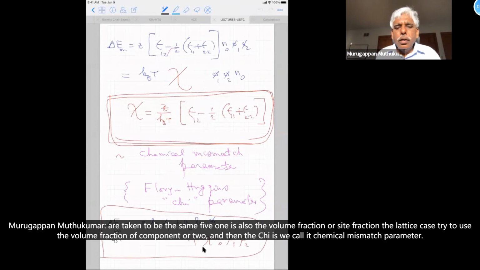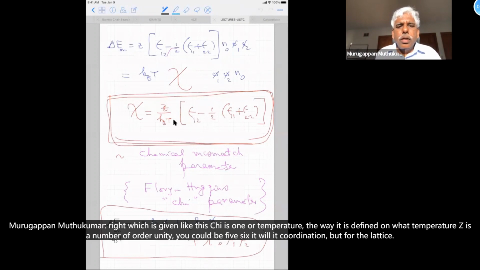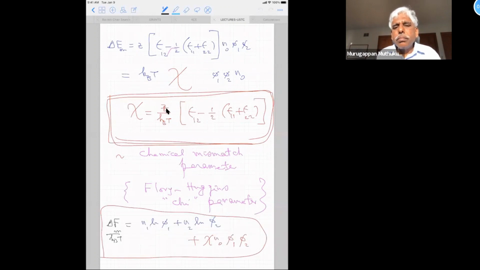And chi we call the chemical mismatch parameter, which is given like this. Chi goes as 1 over temperature, the way it is defined. Z is a number of order unity, it could be 5, 6. It's the coordination number for the lattice.